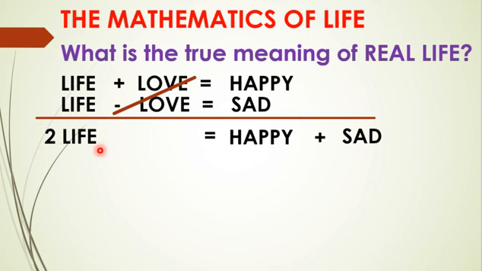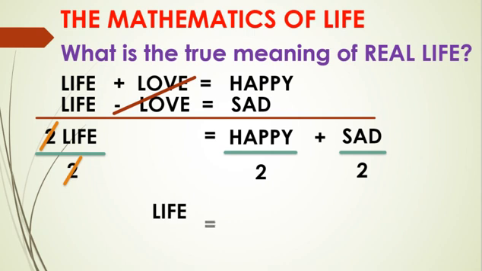In order to solve for life, divide both sides by 2, or divide all terms by 2. Cancel out 2, life equals happy over 2 also means 1 half happy.